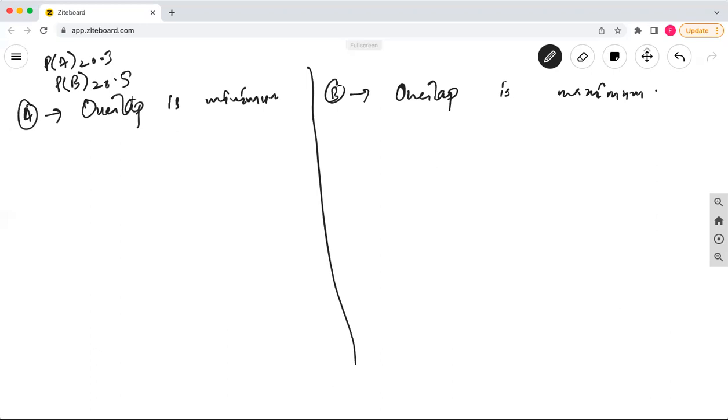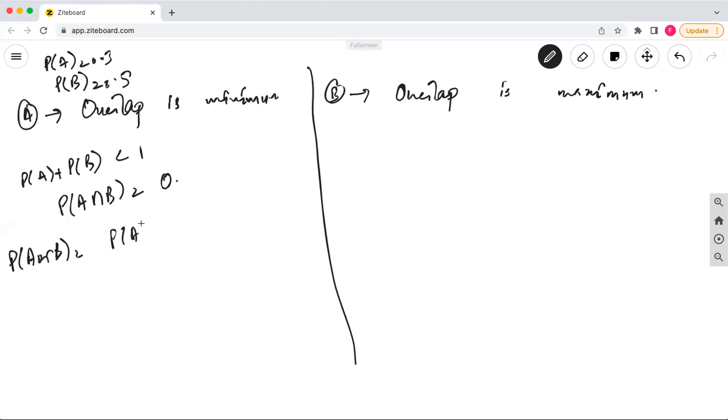Because if we add probability of A and probability of B, the sum is less than 1, that means there could be a 0 overlap between them, right? So if I consider the minimum overlap, probability of A and B is equal to 0. So if this is 0, probability of A or B will be just probability of A plus probability of B, which is a mutually exclusive case. So 0.3 plus 0.5, which is 0.8. This is the max value.